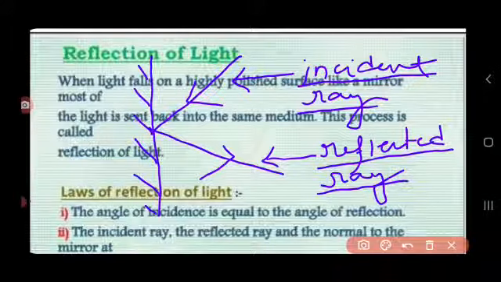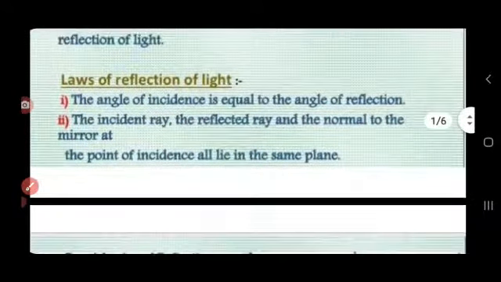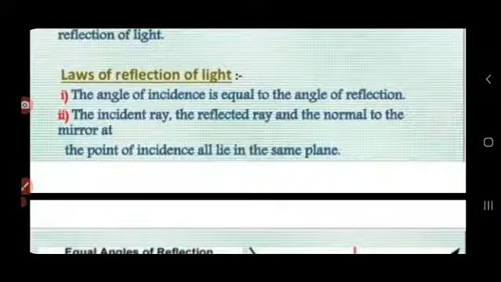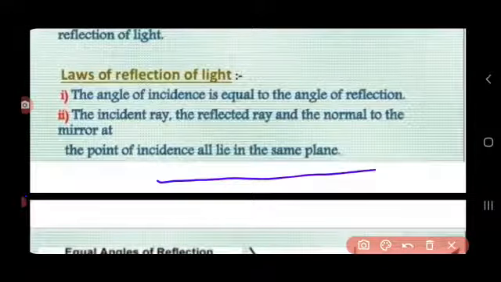Let us explain with the help of a diagram. Suppose it is an obstacle. Light is coming from one medium, it strikes the obstacle, and after striking it is bounced back in the same medium. So light which falls on the surface, earlier we called it incident ray, and light ray which is bounced back is considered as a reflected ray.